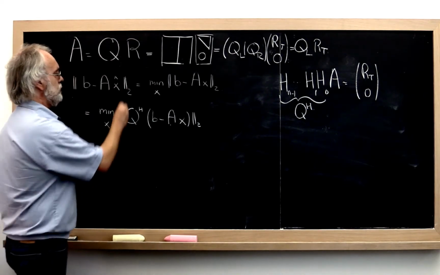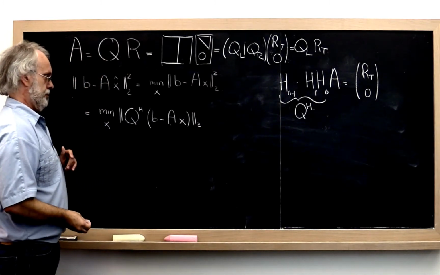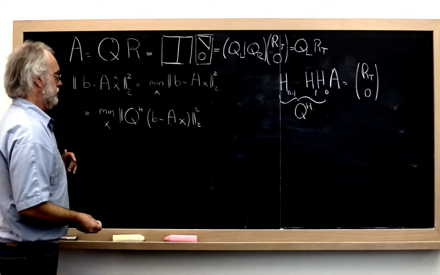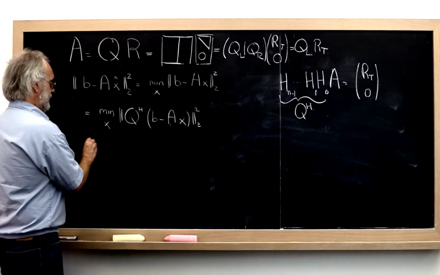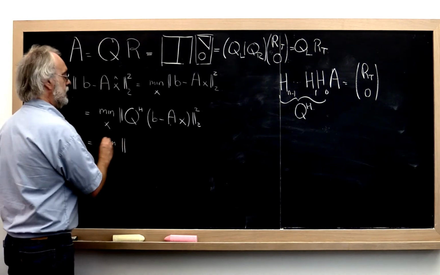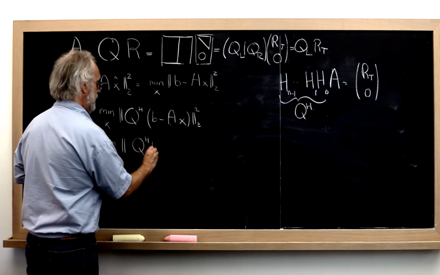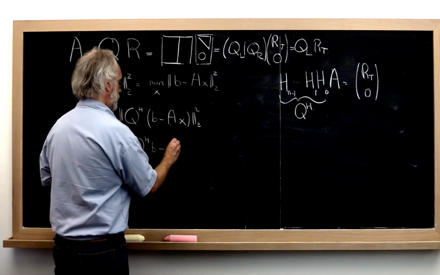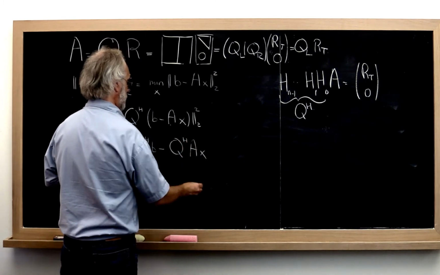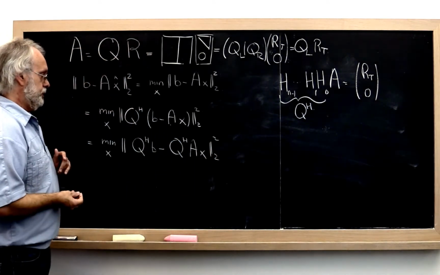And probably we should square this. I suspect that that's going to come in handy. And that then is equal to the minimum over all x of Q Hermitian times b minus Q Hermitian times A times x.